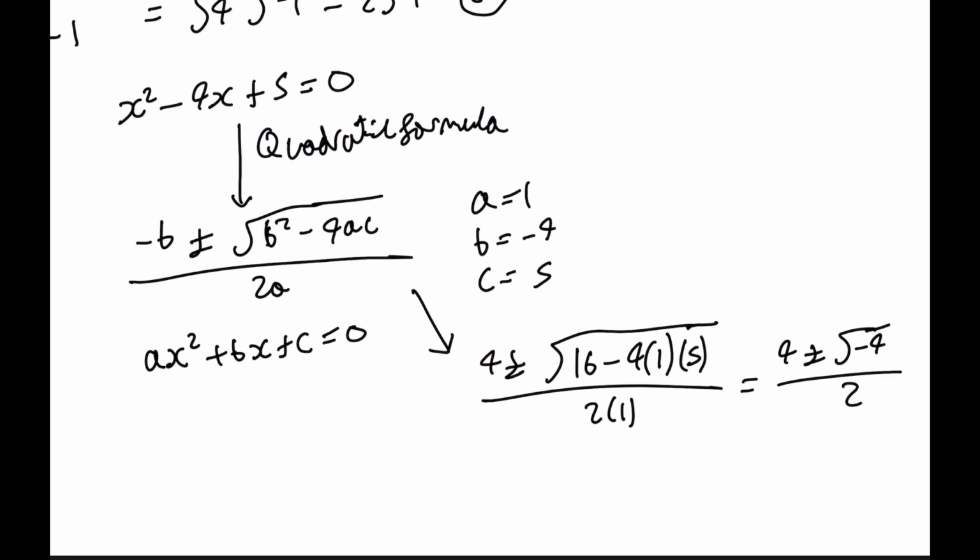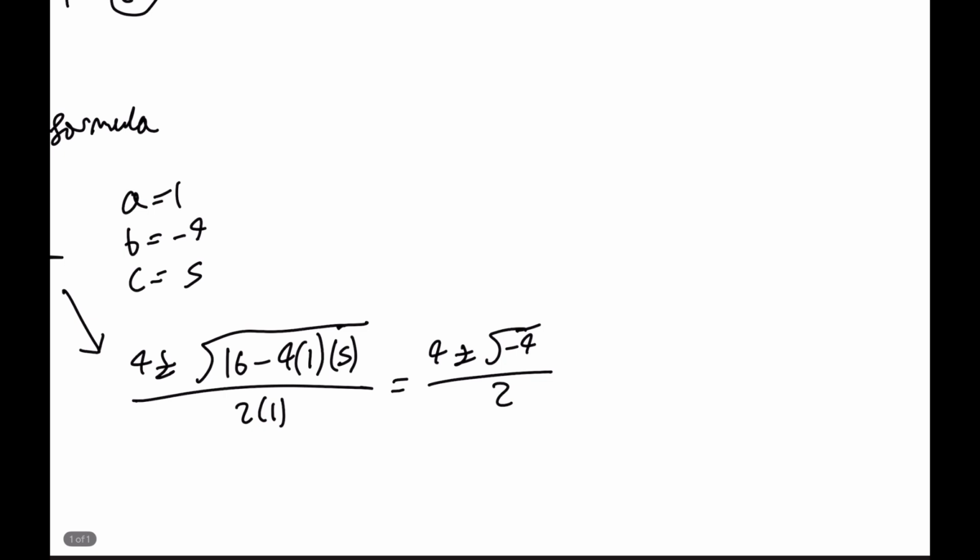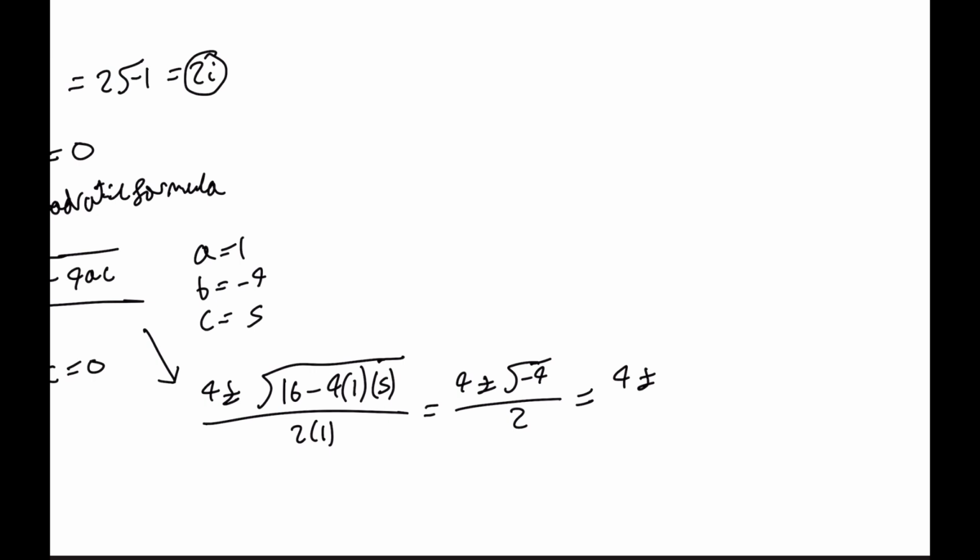And because we found that the square root of -4 is equal to 2i, an imaginary number, we can simplify this to get 2 plus or minus i.